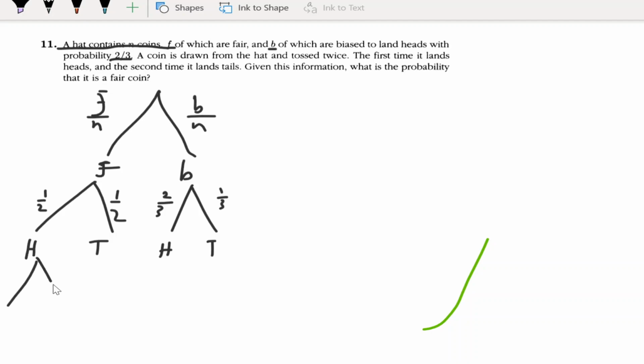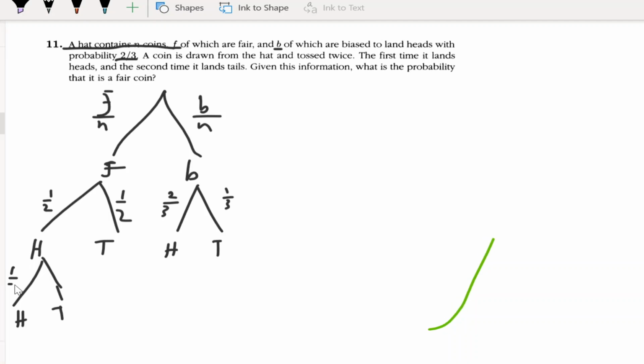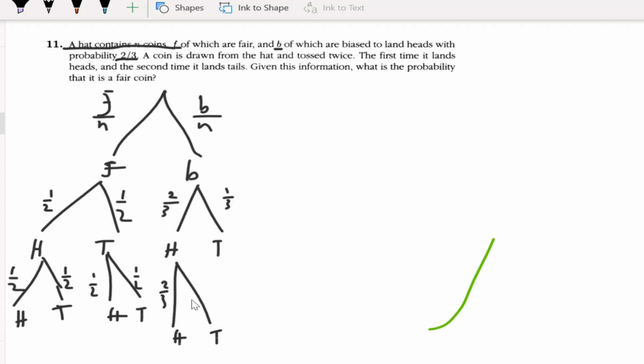Then we do the same thing for the second flip of the coin. Sorry for that messy tree.